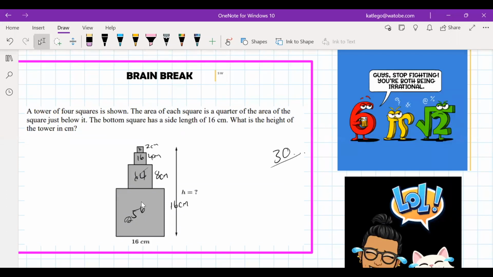Now, if this is a square, it means both the sides are equal. So if that's 16, that has to be 16. To figure out the sides of this one, you would say the square root of 64, which would give you 8. For that one, the square root of 16, which would be 4. The last one, the square root of 4, which would give you 2. Then the sides are 16, 8, 4, 2, and you add them, and it will be 30 centimeters.